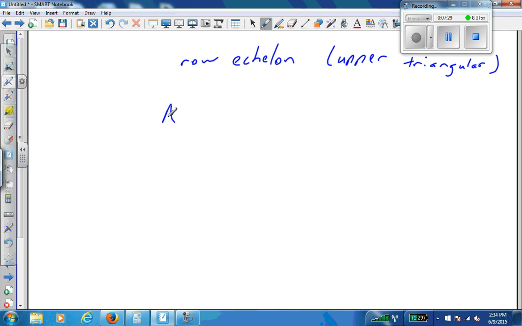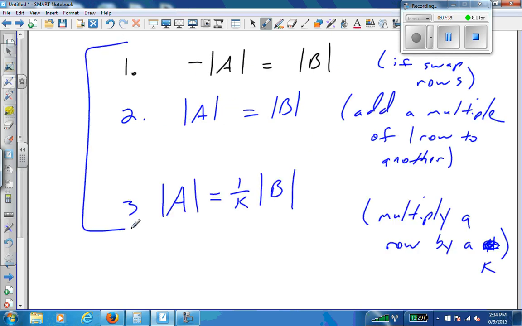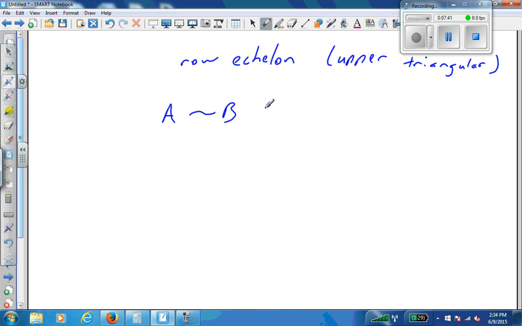Now, if we have to do several operations to get from A to B, their determinants might not necessarily be the same, but by using these 3 properties, B would be something we could easily calculate the determinant of. We could use those properties to figure out what A is.